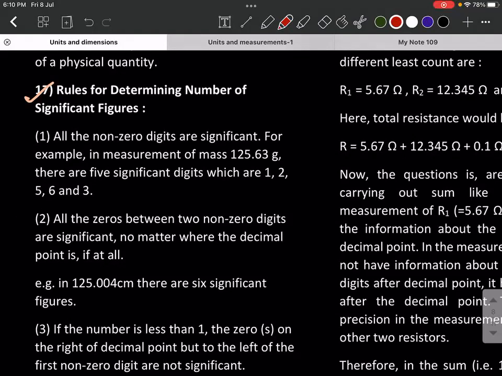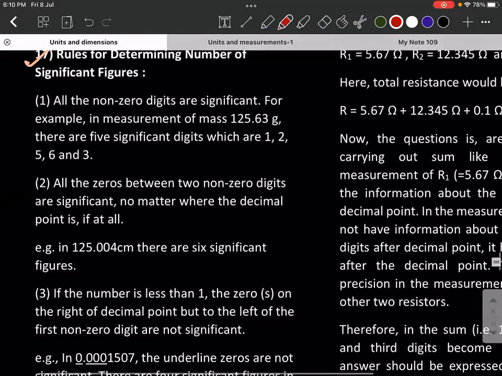Right, now make a note of it. All the zeros between two non-zero digits are significant, no matter where the decimal point is. So if at all there is a decimal point present, no matter where the decimal point is. Those who are online, are you able to understand what I'm saying?